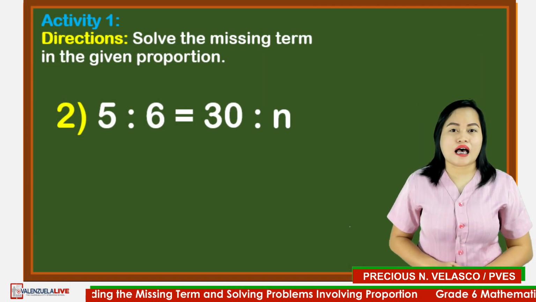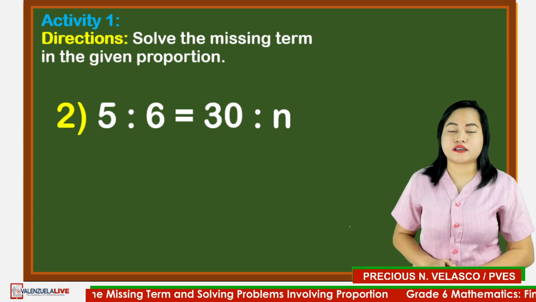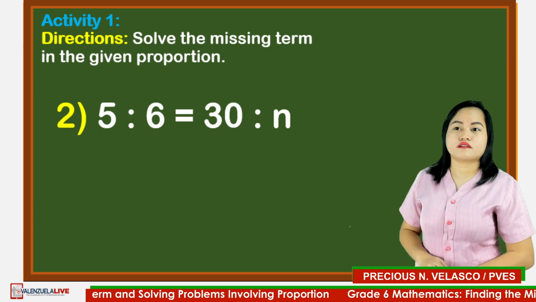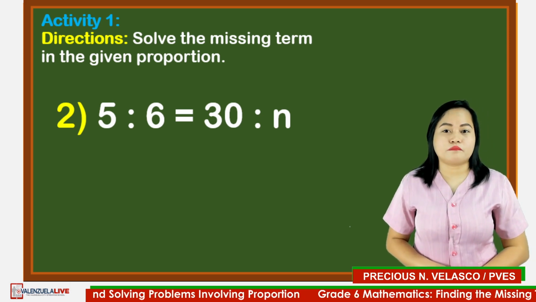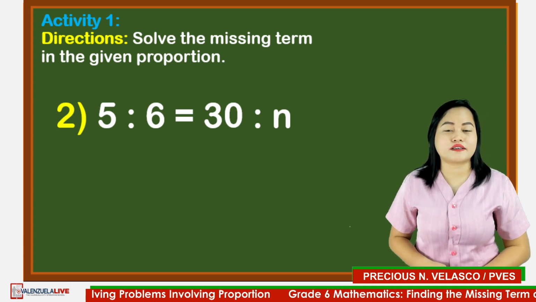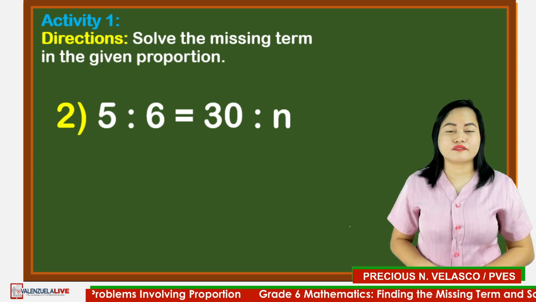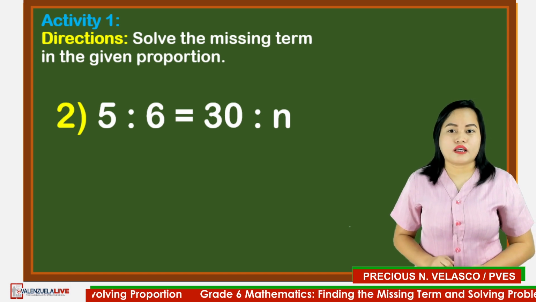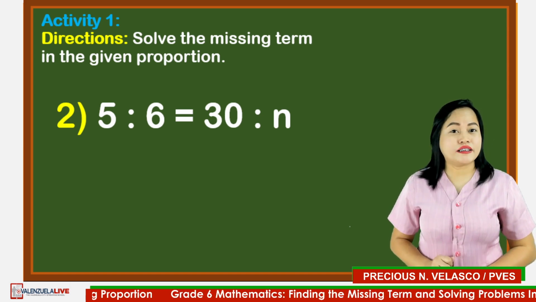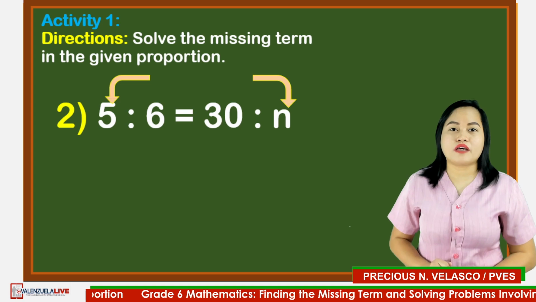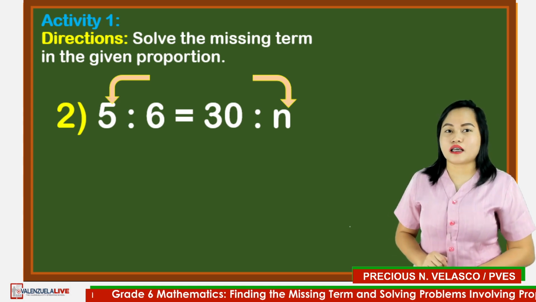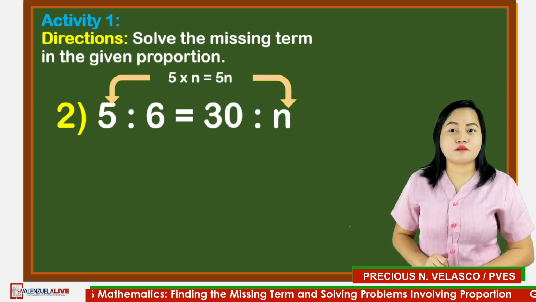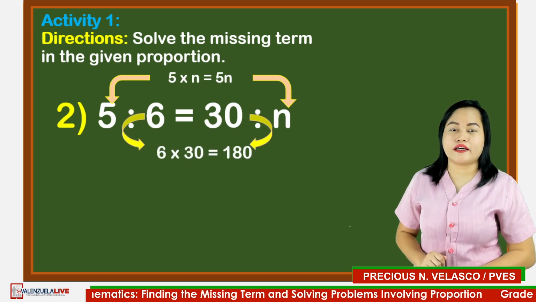So for number 2, we have the proportion 5 is to 6 is equivalent to 30 is to n. So let's start solving. Write your answer in the comment box. Okay, so I can see that you are already able to solve this one. It's an easy one, right? So we have 5 times n is equivalent to 5n, and 6 times 30 is equivalent to 180.